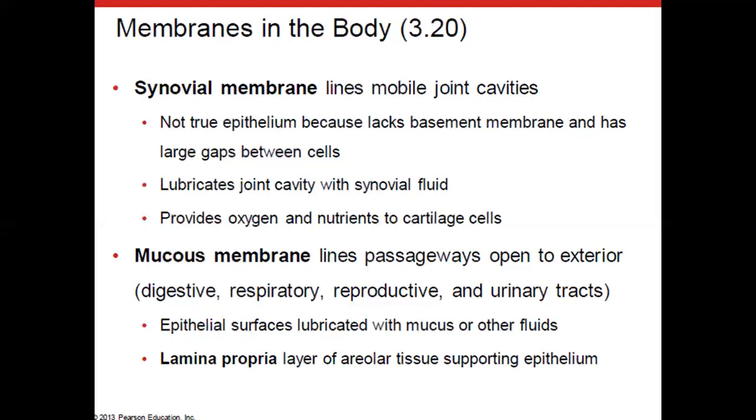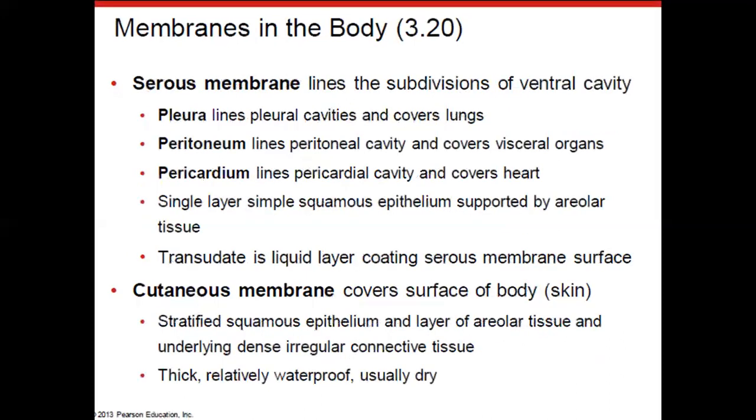So this mucous membrane is made up of the epithelial tissue located in those areas, and a layer of connective tissue, specifically called the lamina propria, that supports that epithelium. So this membrane happens to be made of two types of tissues we've already talked about. Mucous membranes would be the epithelial tissue that would line those organs and the connective tissue below it.